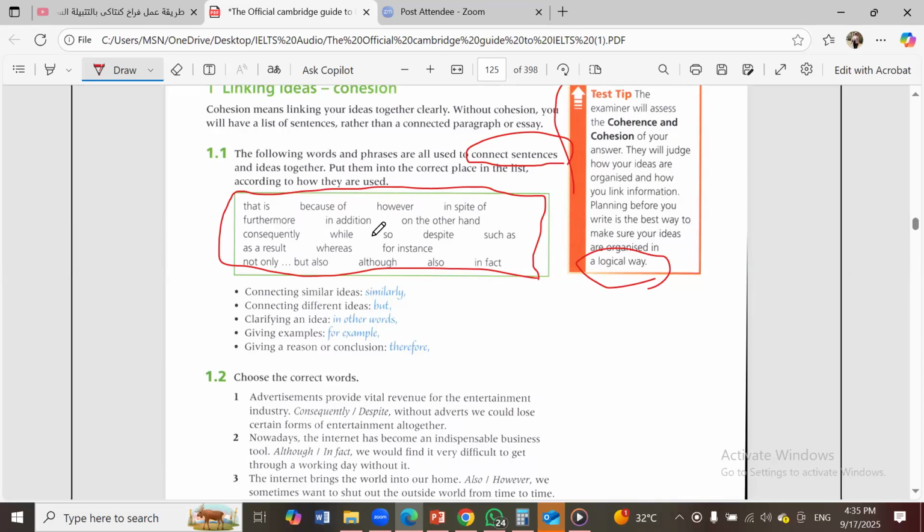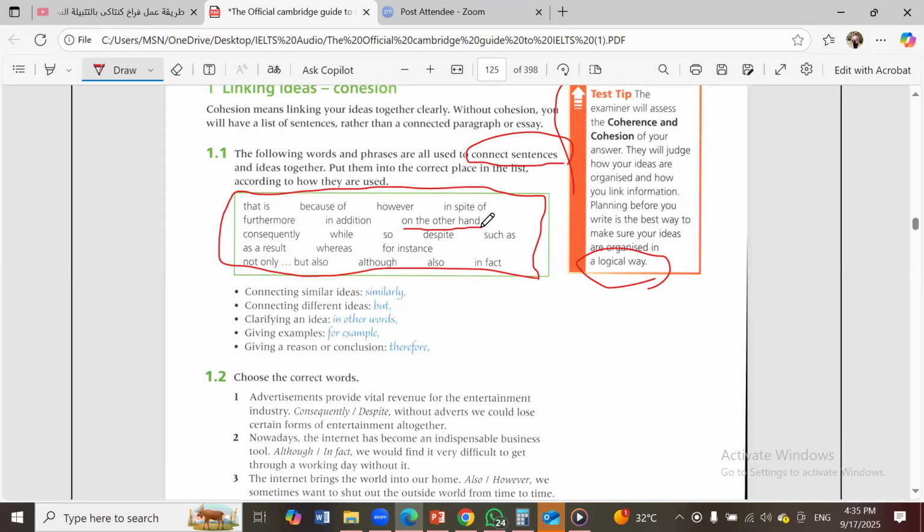In addition, additionally, and moreover, additionally and besides are the same meaning when you add information. Moreover, furthermore, moreover, additionally, besides. On the other hand. Plus? No, plus you can say in the speaking test, not in the writing.